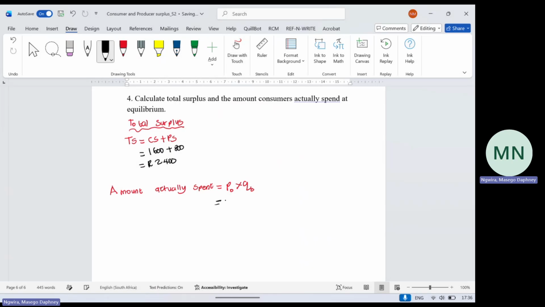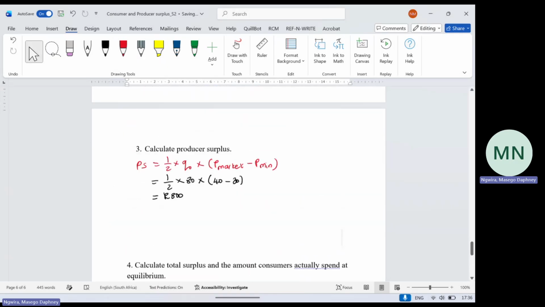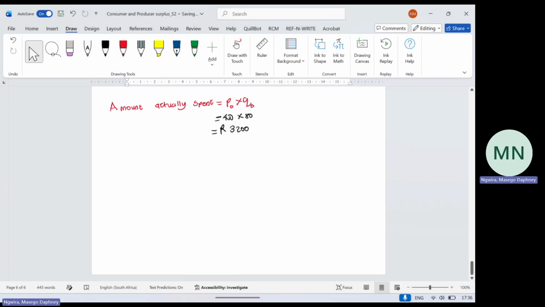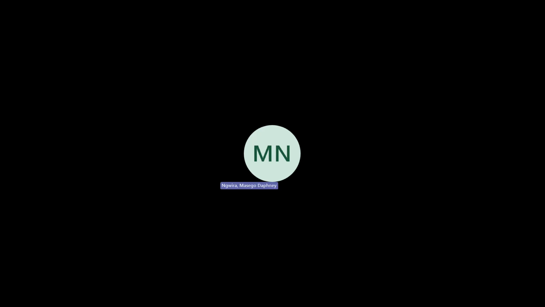So P naught is 40, times 80. So this is our expenditure: 3,200. I hope everything makes sense. If it doesn't make sense, you have tutorials. Thank you. I think that's it.